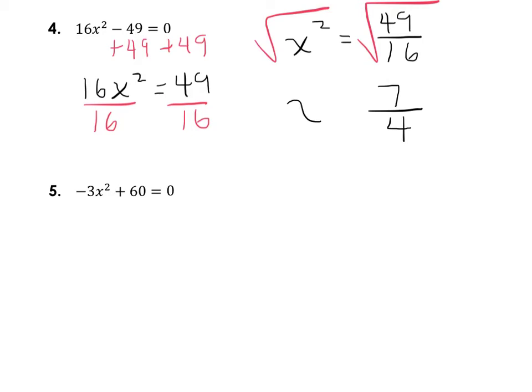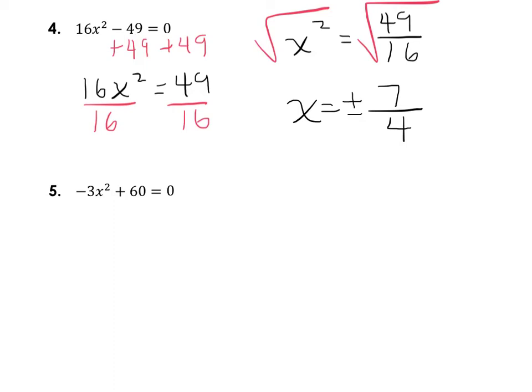For x, the square root of x squared is just x. Those cancel each other out. They're inverse operations. But as always, we'll have two roots. We'll have two solutions, a positive 7/4 and a negative 7/4. So I can just write plus or minus 7/4 as my solution.